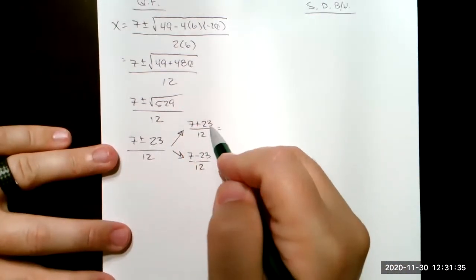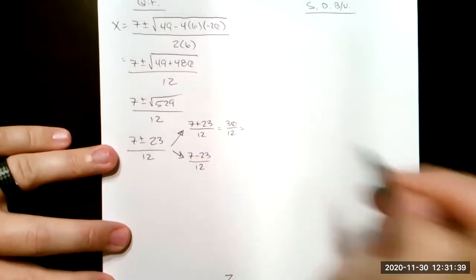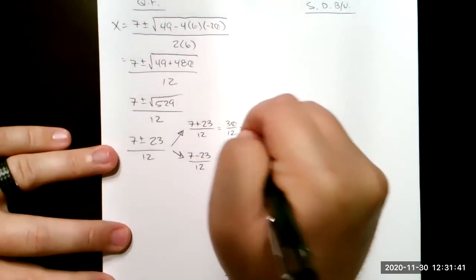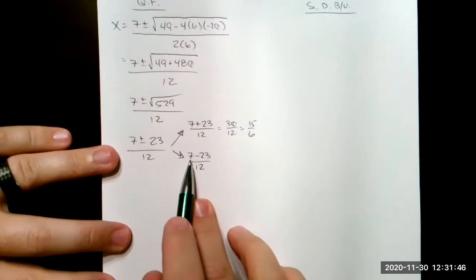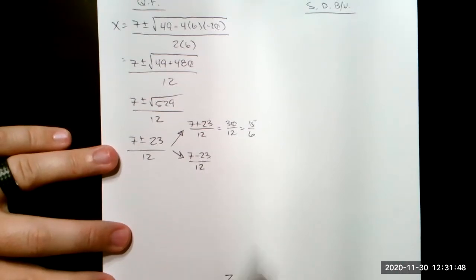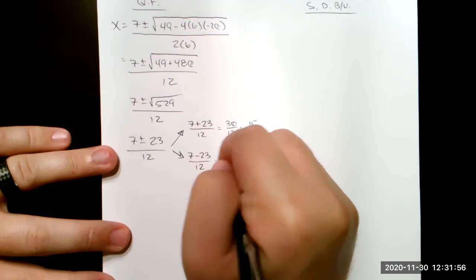So 7 plus 23 is 30. 30 divided by 12 can be simplified down to 5/2. 7 minus 23, so what is that going to be? -16.